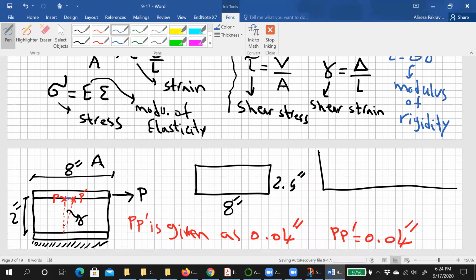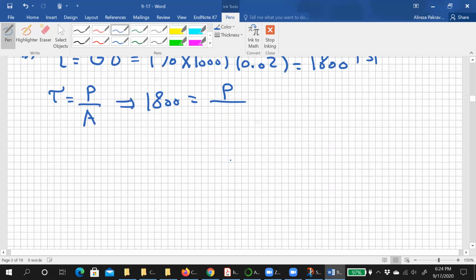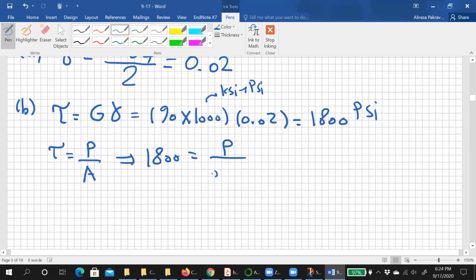Okay, yes, 20. 8 times 2.5. The area of the plate, because the surface is rectangular, right? 8 times 2.5. Therefore, P would be 36,000 pounds.